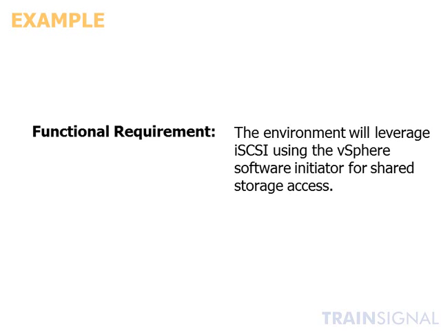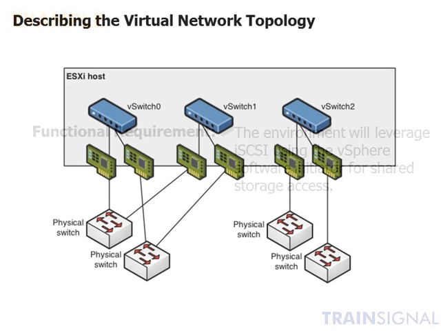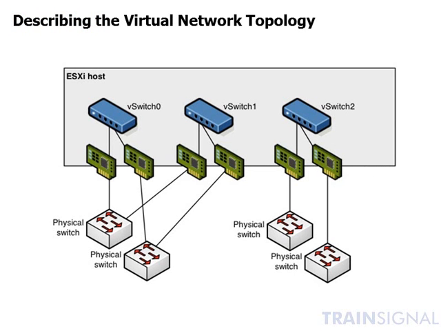One way you could address a requirement that says we're going to leverage software iSCSI would be using a design similar to this one. So here in this case, instead of 4 uplinks, we have 6 uplinks, or 6 NICs altogether, and 3 virtual switches. Some of the virtual switches connect to one pair of physical switches, and the third virtual switch, vSwitch 2, actually connects to a separate set of switches.